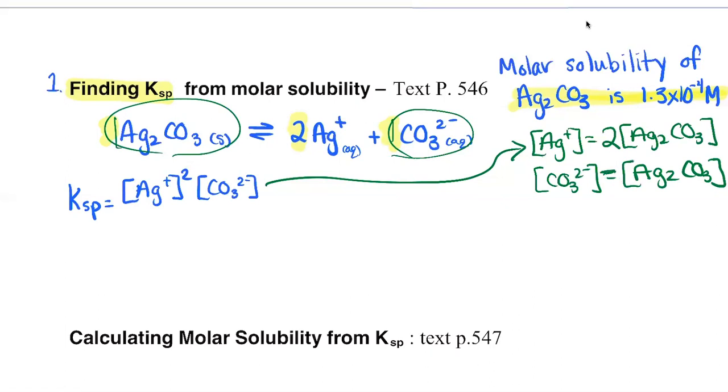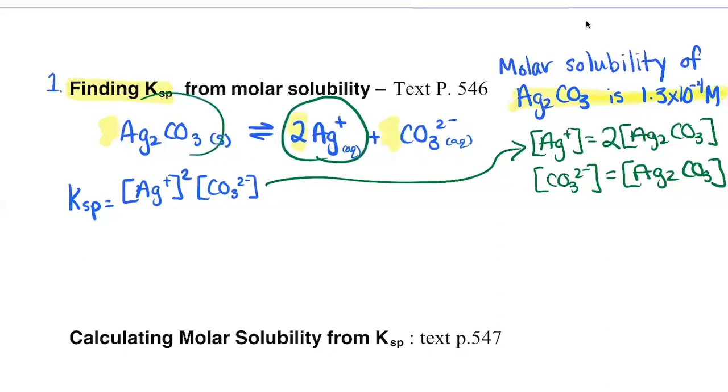But for the silver, okay, here we've got silver to carbonate. It's a 2-to-1 ratio, which is why we add this 2 out in front here. Okay, so that way we can figure out what it is we're using. There's our molar solubility, so we're going to sub that in.